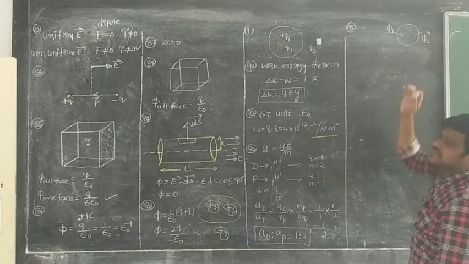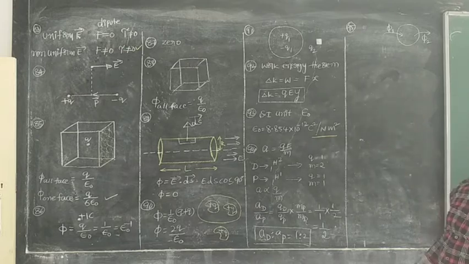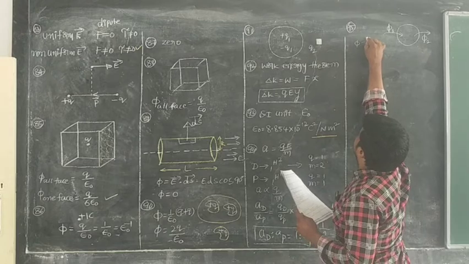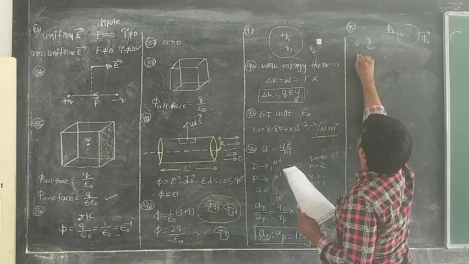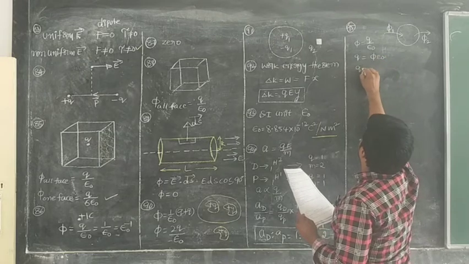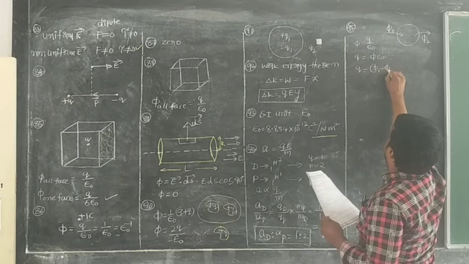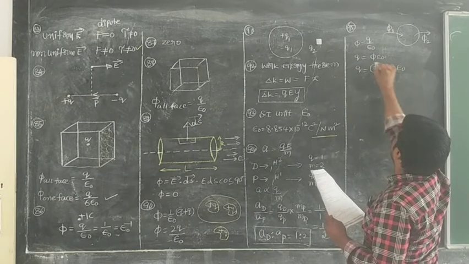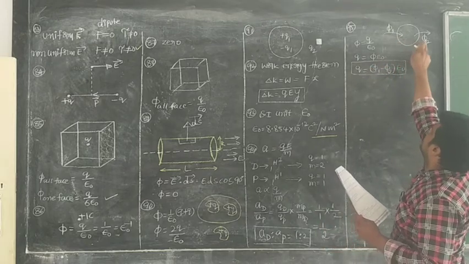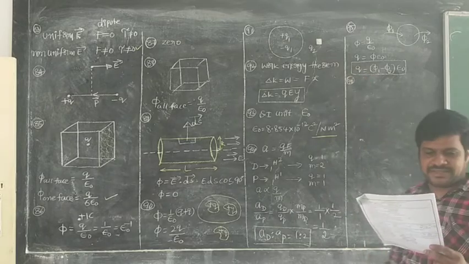Leaving means you get the negative sign, entering means you get the positive sign. So net electric flux equals charge by epsilon naught. From this, charge is equal to flux into epsilon naught. So the charge is equal to (phi1 minus phi2) into epsilon naught. You are observing here, phi1 is entering, phi2 is leaving. Right? Next, 96.